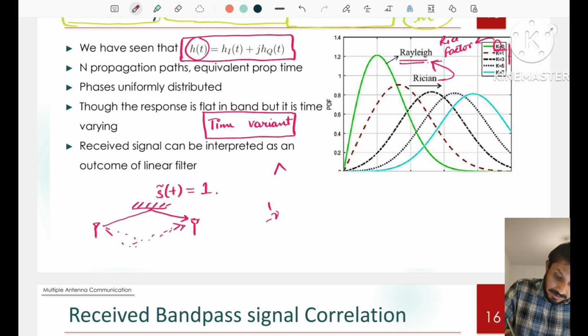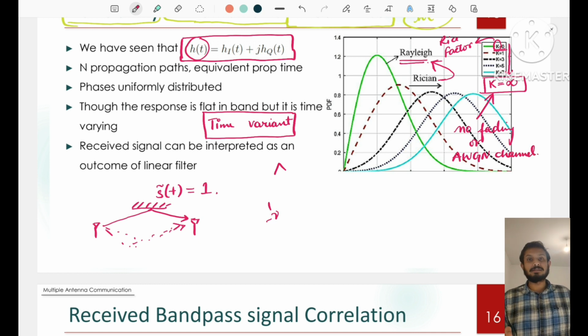And as K increases, the distribution becomes narrower. And when K is equal to infinity, we can say this is the scenario where there is no fading, or we say it is an AWGN channel, or our channel is experiencing ideal conditions.